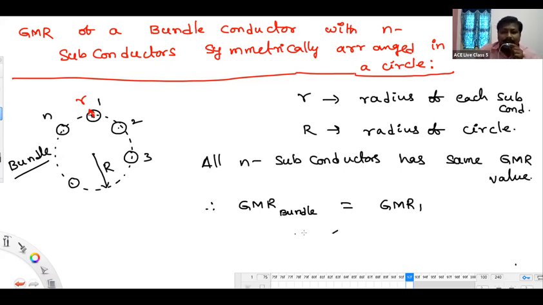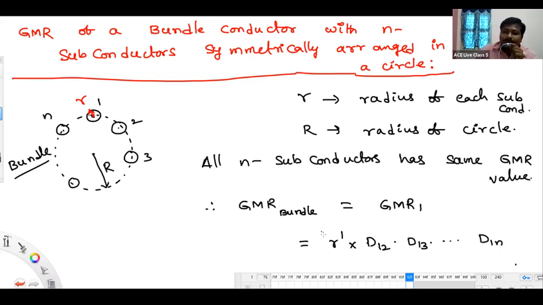See, the GMR of subconductor 1 will come like this, listen. First you should take r dash, meaning 0.7788 into small r. Then the 1 to 2 distance, 1 to 3 distance, 1 to 4 distance, and so on up to the 1 to n distance.